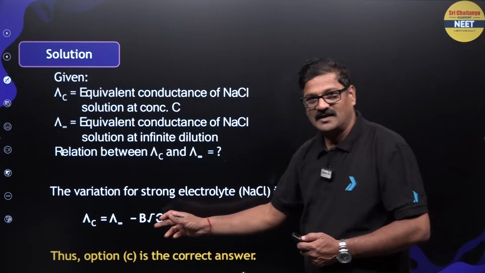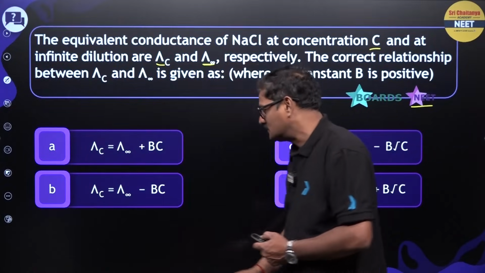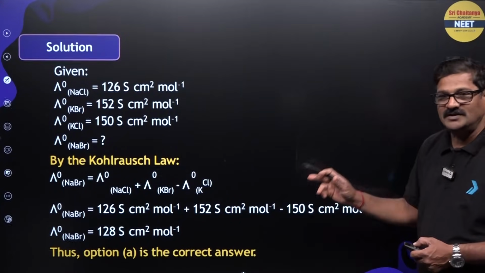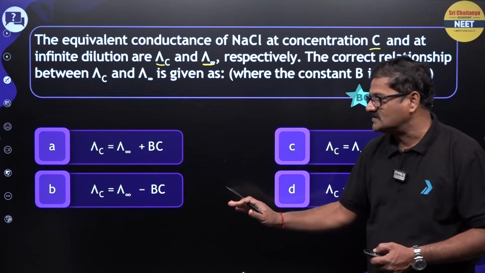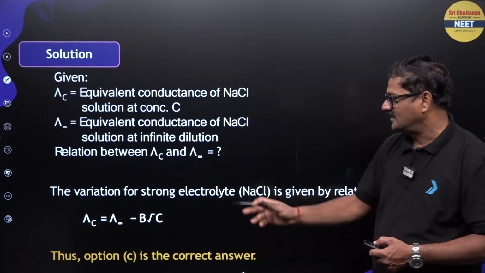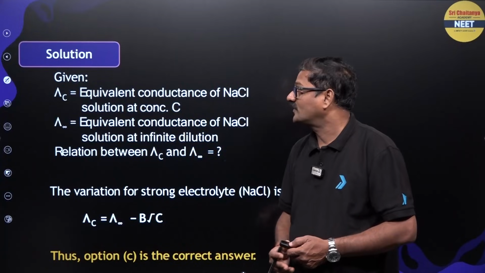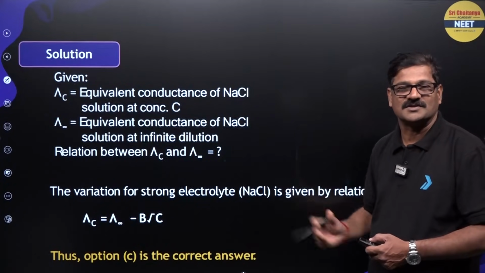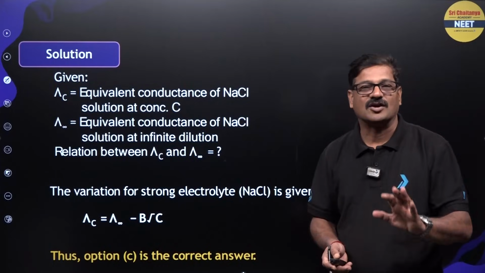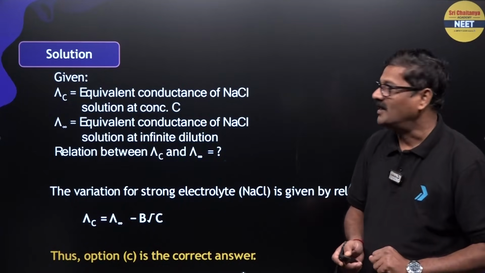So, based on that, you can say the option is going to be here. Option A is the correct answer, and according to this, option B is the correct answer. It says, according to this, option C is the correct answer, and this question is related to the Debye-Huckel-Onsager equation.